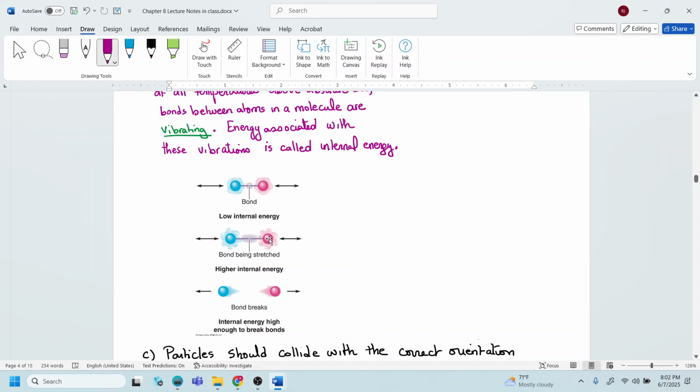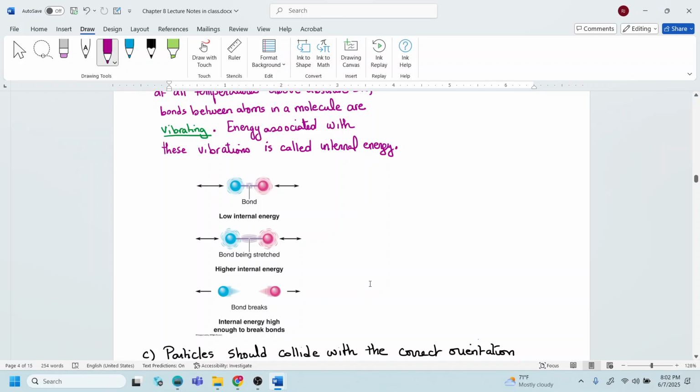Once they stretch at a minimum energy, bonds are going to break. So the internal energy has to be high enough so that bonds vibrate, bonds stretch, and then the bond is going to break.